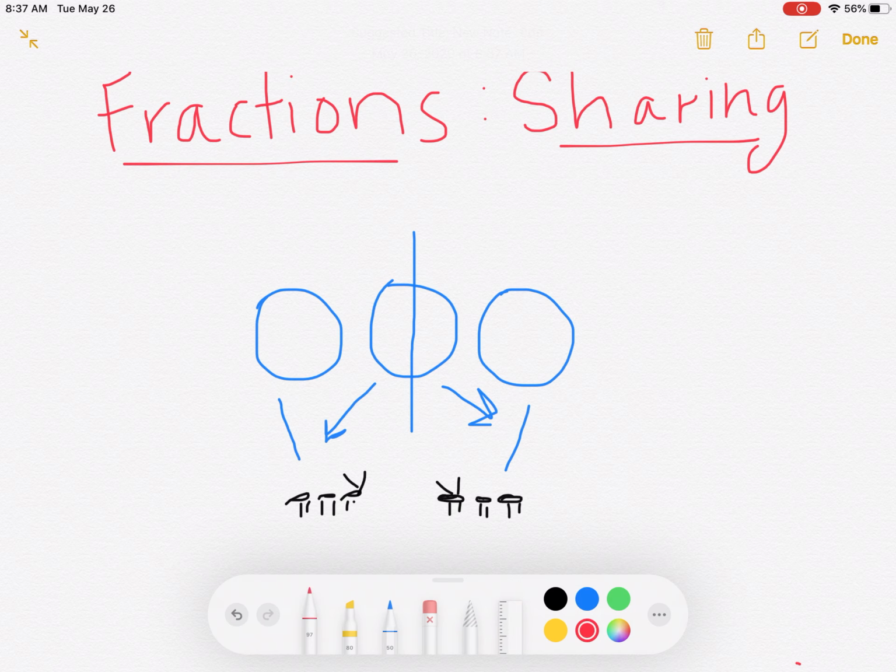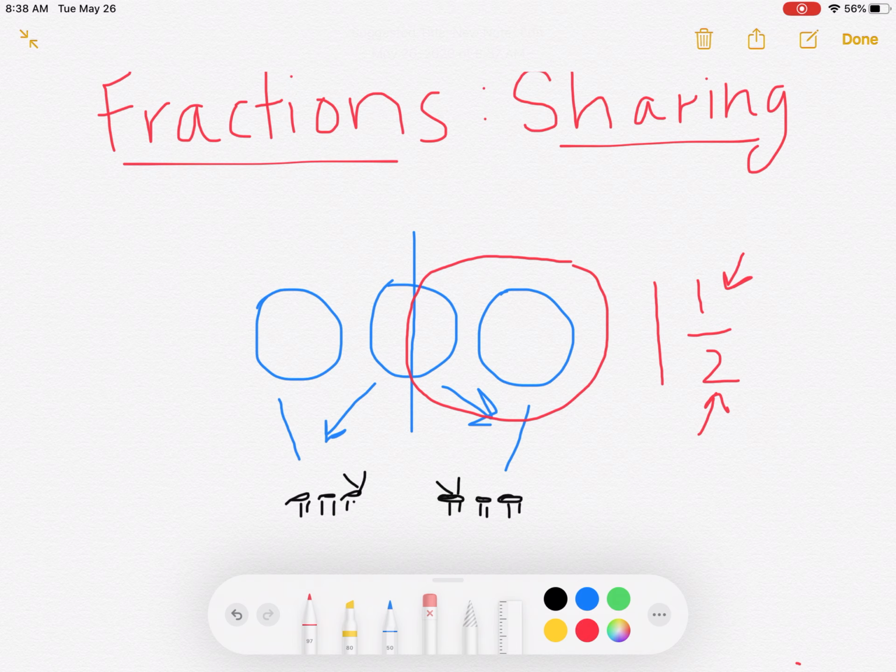How could we describe that? So they each get this much cookie. They get 1 whole cookie, but they also get 1 half of a cookie. They took a cookie, split it into 2 parts, but they each only get 1 of those 2 parts.